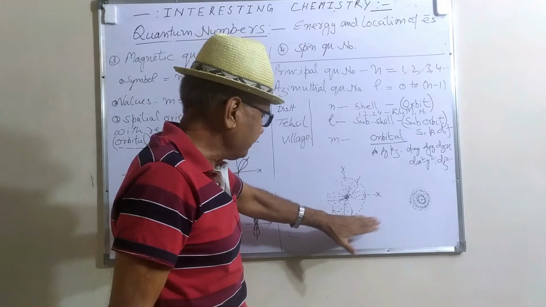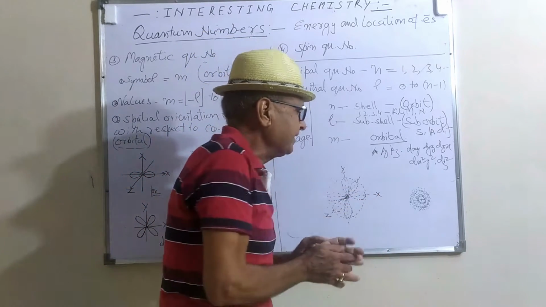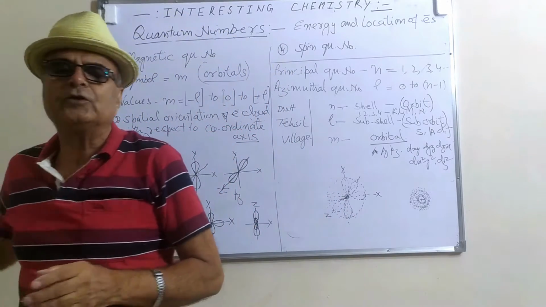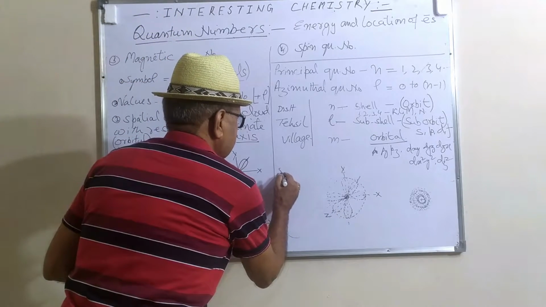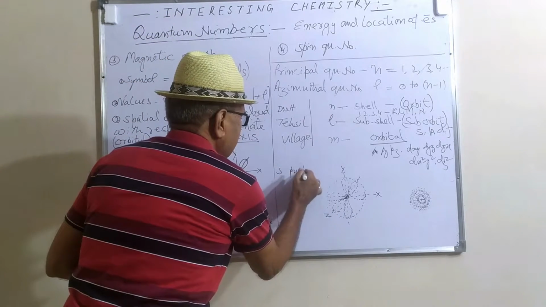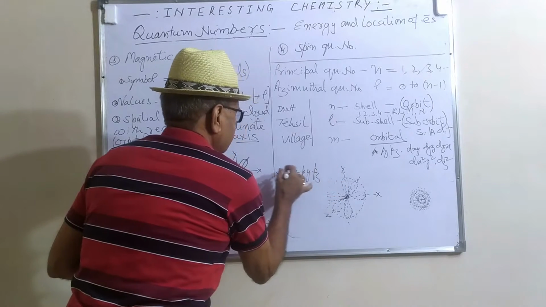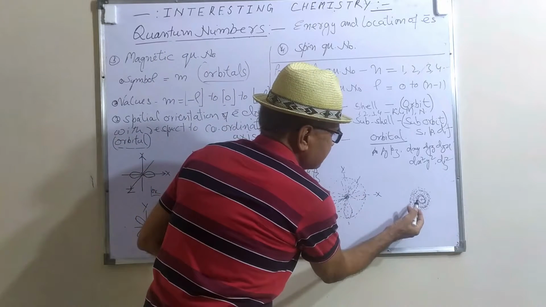Here again I am telling you, this is the combined structure of the shell. Suppose I am telling you the 2p. In the 2p there is S and px, py and pz.